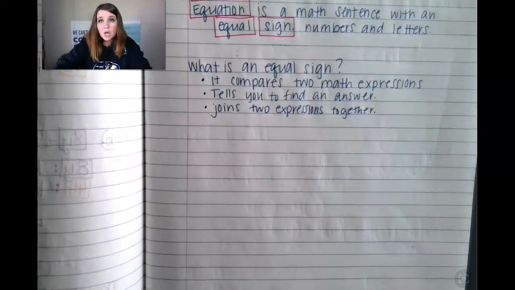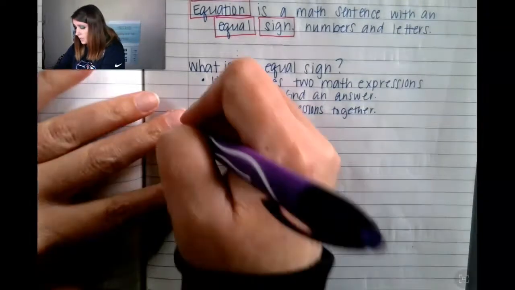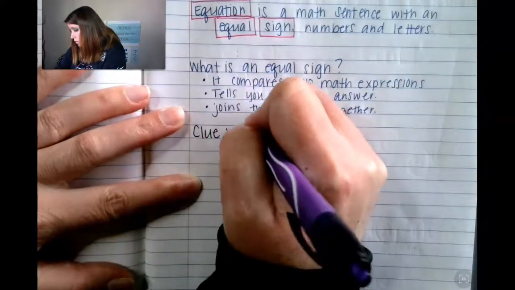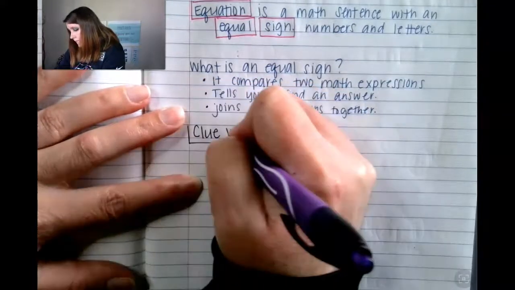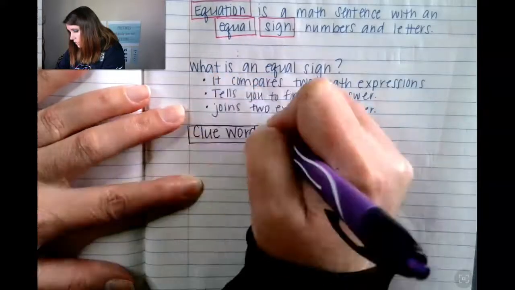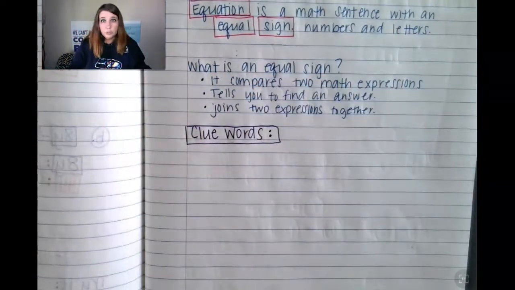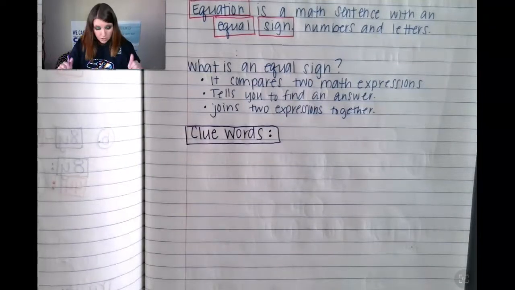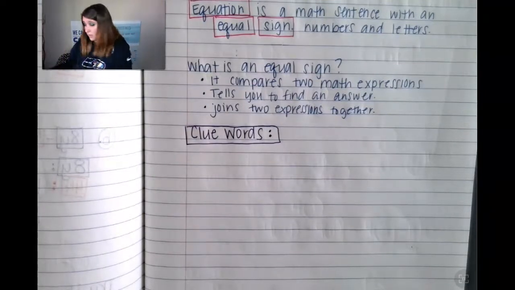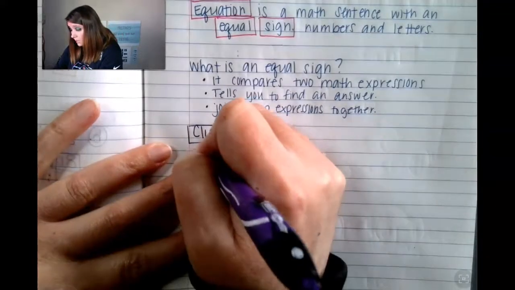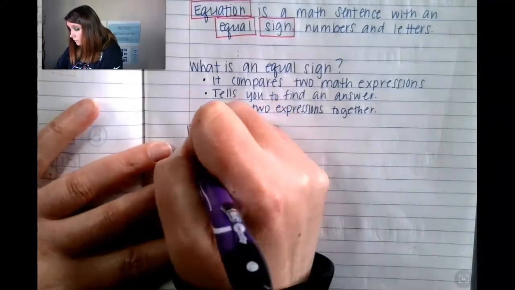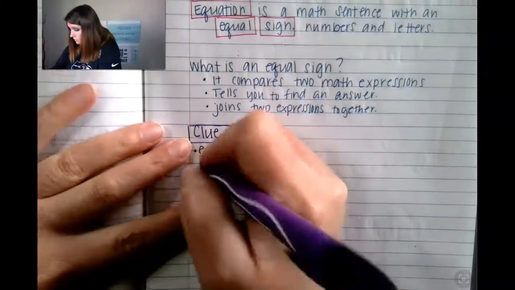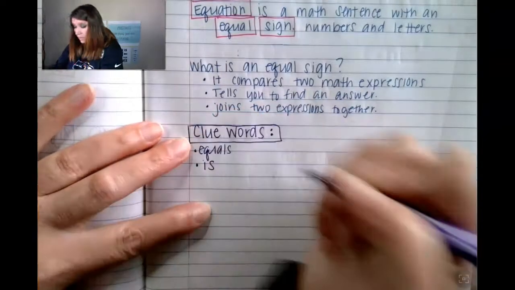Okay, so we're going to talk now about what are some clue words that signal to you, oh my goodness, I better use an equal sign. Clue words that you're going to see out there in the world that say this means equals. Oh, I just said one. Okay, so one is the word equals. That is one clue word. Another clue word, the word is.